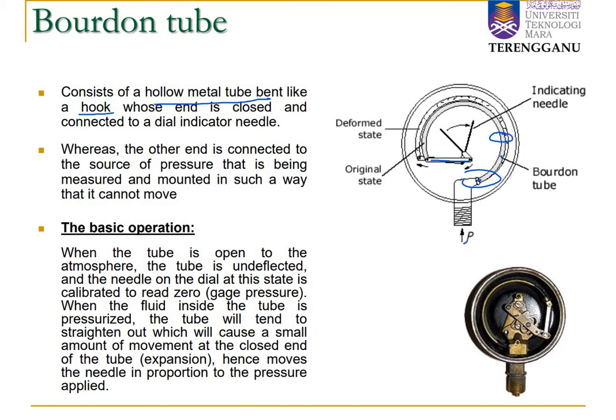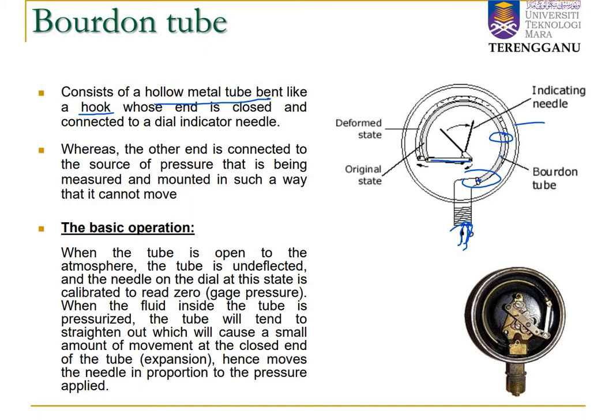So when there is pressure exerted here, at first this type of meter is set to 0 under atmospheric pressure, and then after we exert a pressure inside this tube, the Bourdon tube starts to deflect.